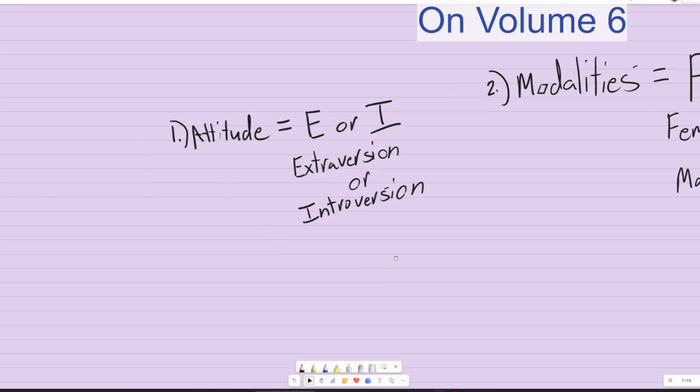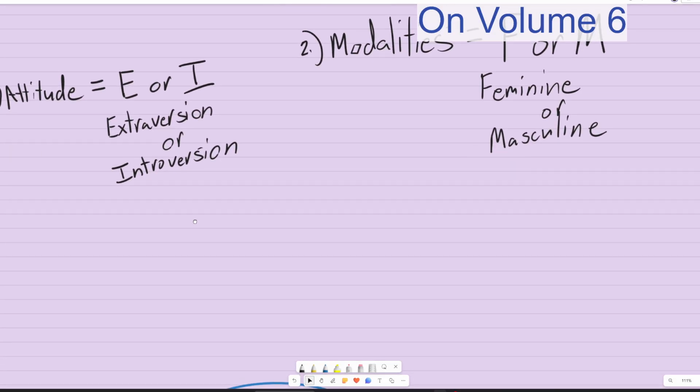So what's left if we have attitude, modalities, and function types?